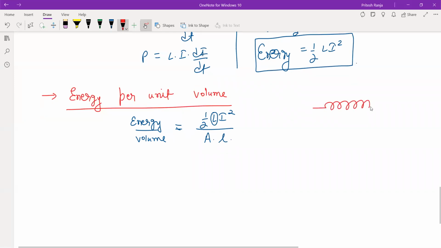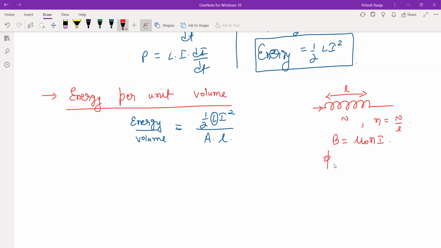For a solenoid having length l and number of turns N, the number of turns per unit length was N by l, and the magnetic field due to this solenoid was mu naught n i. First we found the flux due to one coil, that was B into A. So total flux came out to be N into B into A, and this total flux was equal to Li.